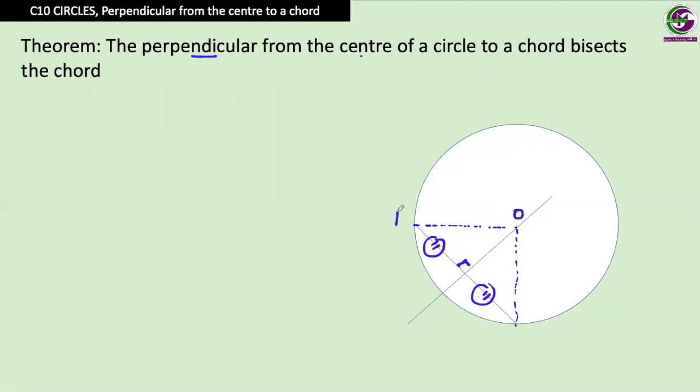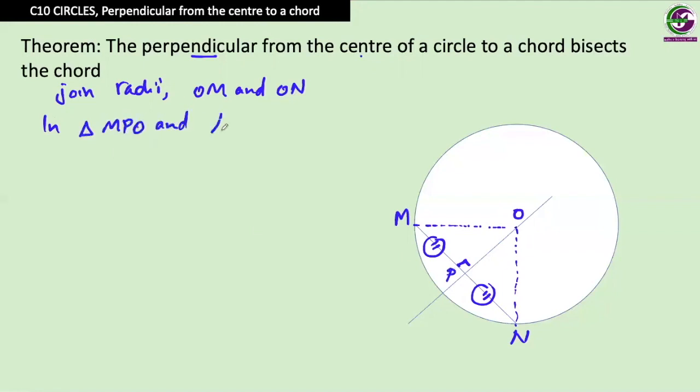Join the radii OM and ON. So in triangle, let me mark this as P. In triangle MPO and triangle NPO, we have PO common.